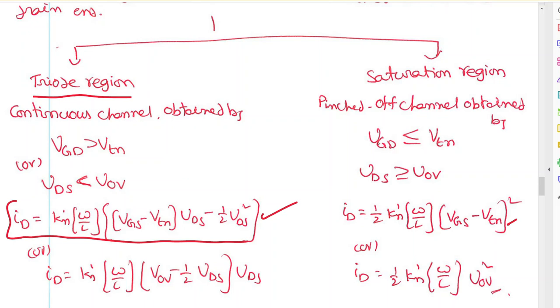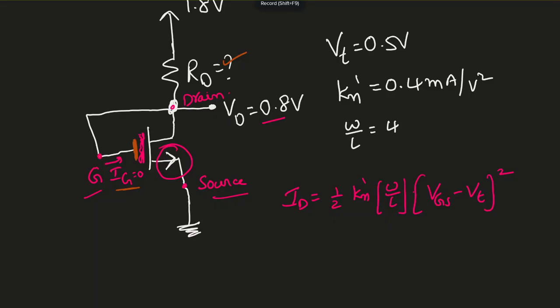As long as VGD is less than VTN, that's saturation mode. Here VG and VD are short circuited, and he's saying VD is 0.8 volt, so VG must be 0.8 volt. So VGD must be 0.8 minus 0.8, which is 0.